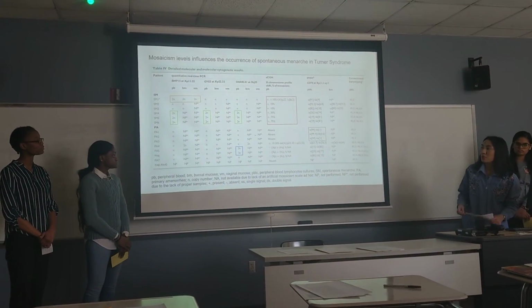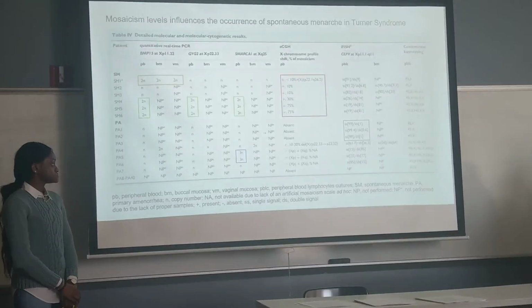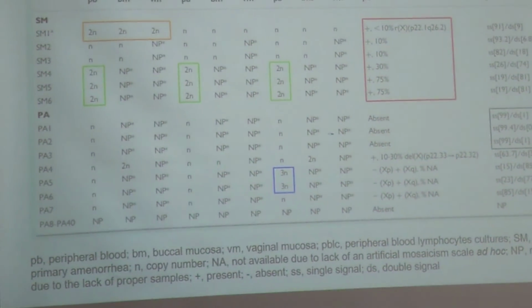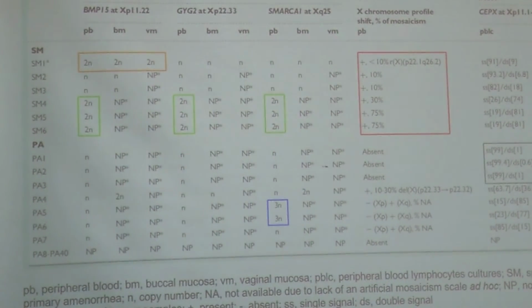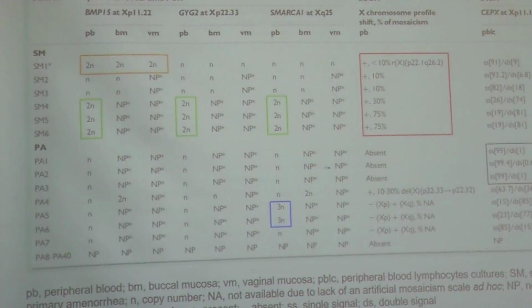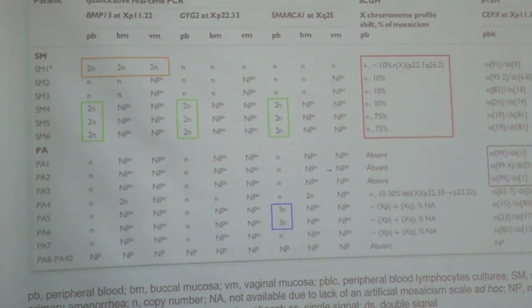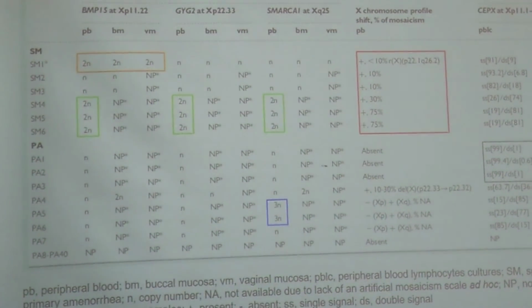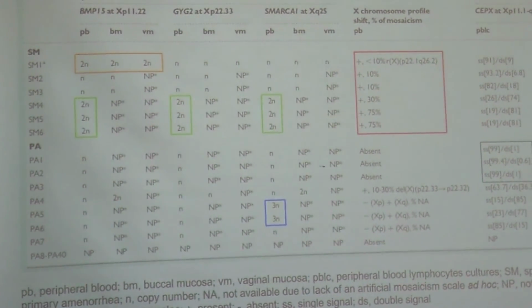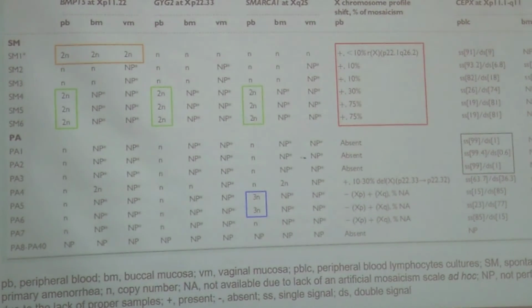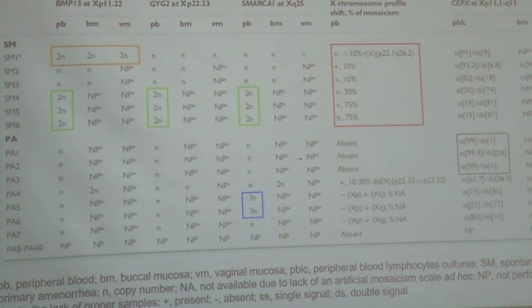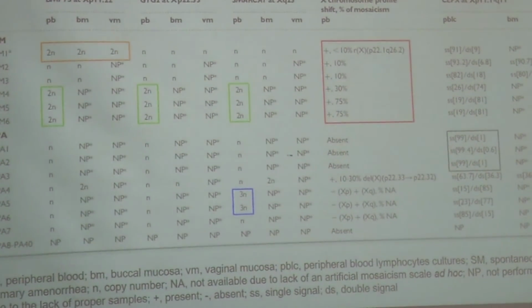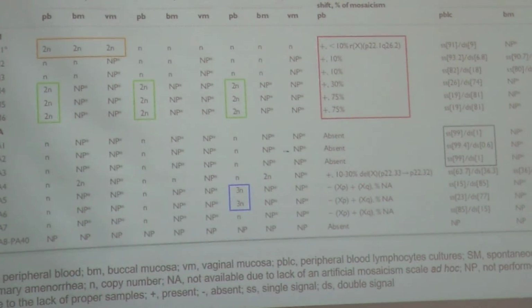Next is those random 3 N's for PA5 and PA6. So all PA patients showed 1 copy of the 3 analyzed genes, except for PA5 and PA6. This is because of the duplication of the only Xq arm in more than 30% of the cells.